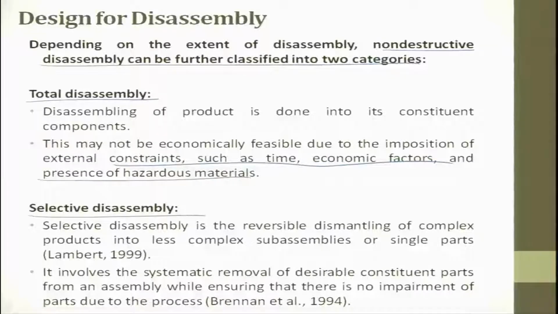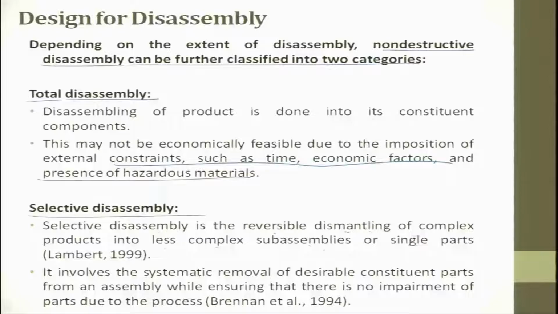What is selective disassembly? Selective disassembly is the reversible dismantling of complex products into less complex sub-assemblies or single parts. It involves the systematic removal of the desired constituent part from an assembly while ensuring that there is no impairment of parts due to the process.